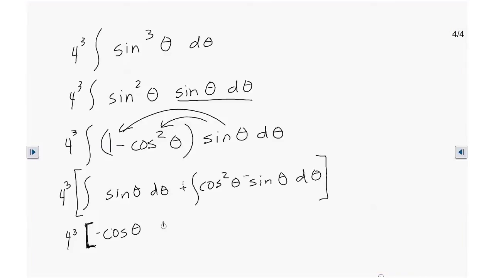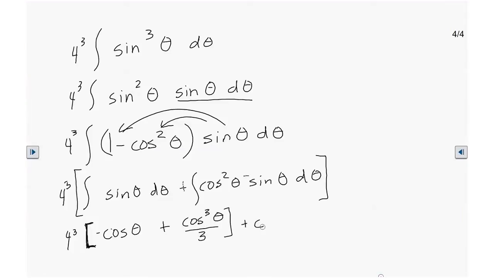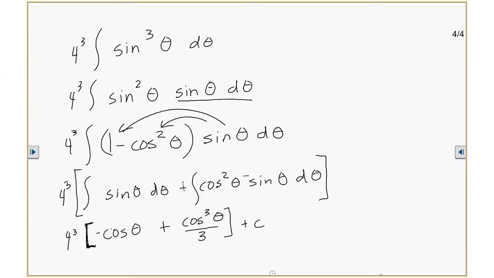Plus, what would that be? The u to the third, which would be cosine theta over 3. Let's see. Let's see what I got there right.